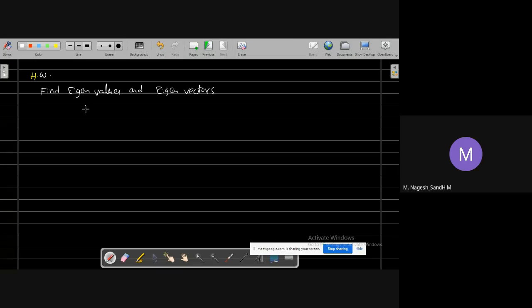Find eigenvalues and eigenvectors for A is equal to the matrix 4, 1 minus 3i, next 1 plus 3i, 7.